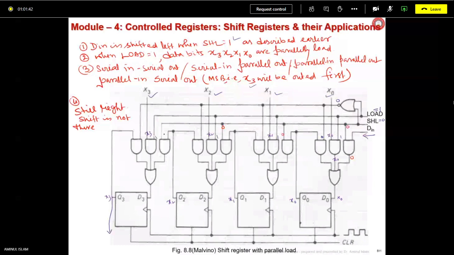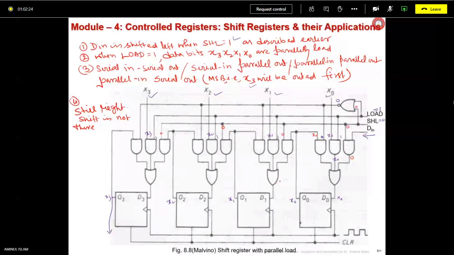X0 is connected here, and SHL equals 0. So how is it retaining? Tell. I have marked all those. This should get a path into it. So if shift left is equal to 0, 0 is applied here.